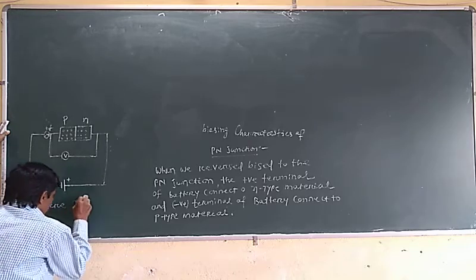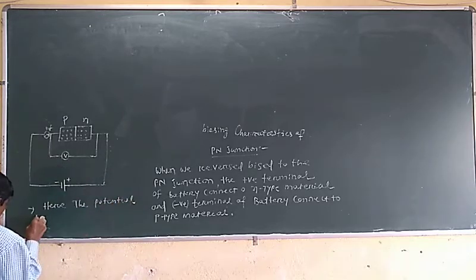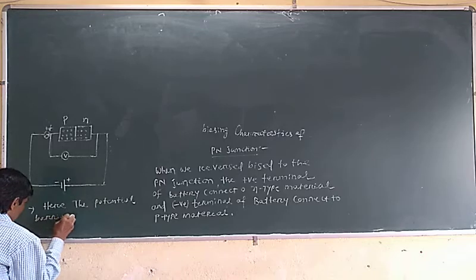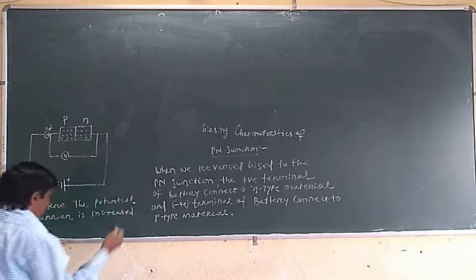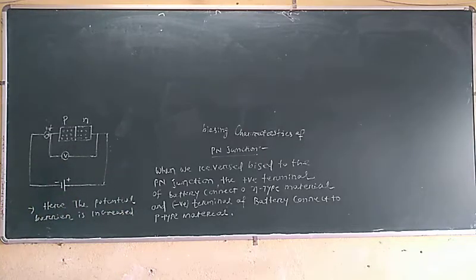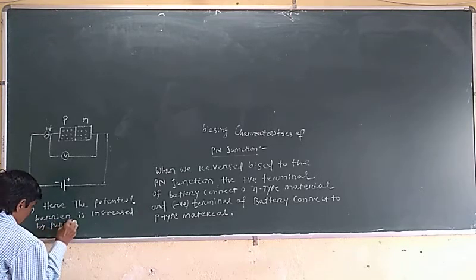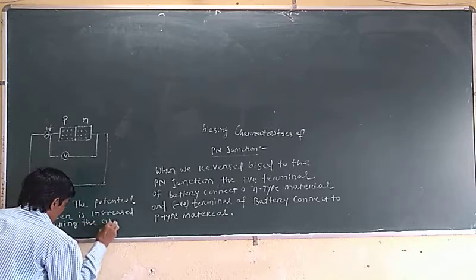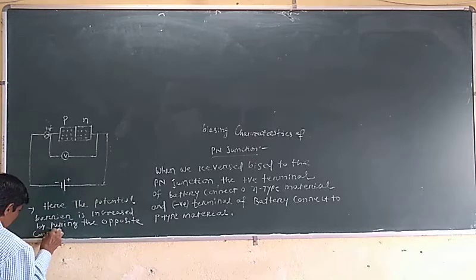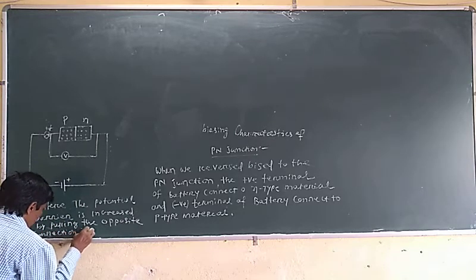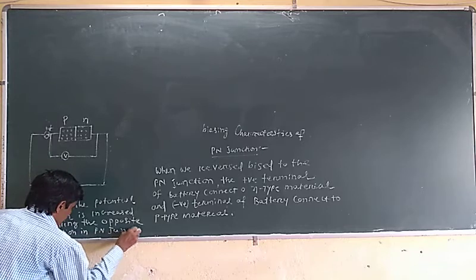The potential barrier is increased by pulling, the opposite connection in a PN junction.